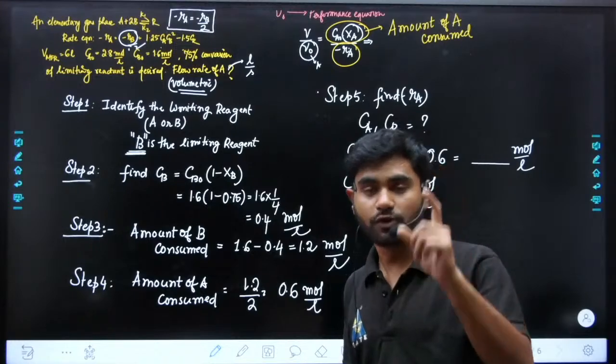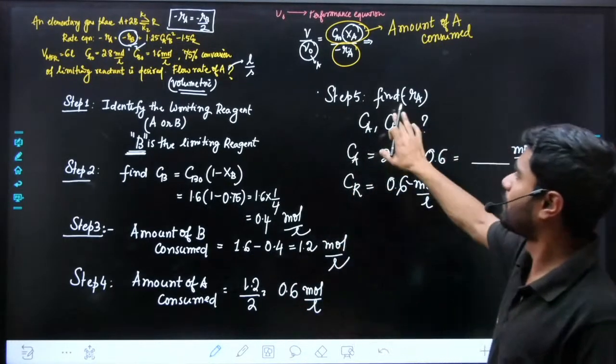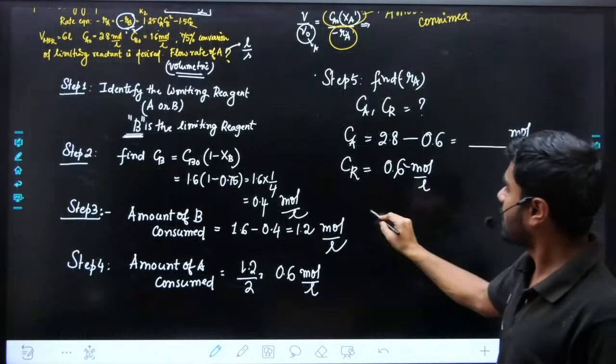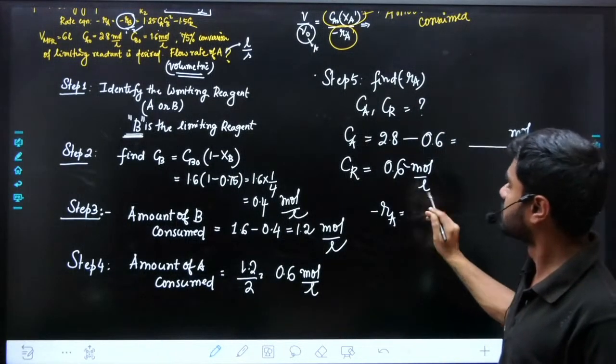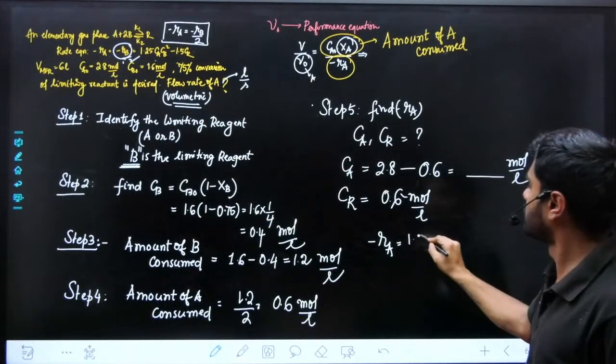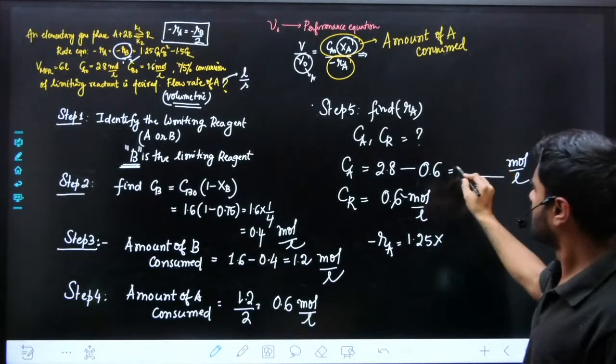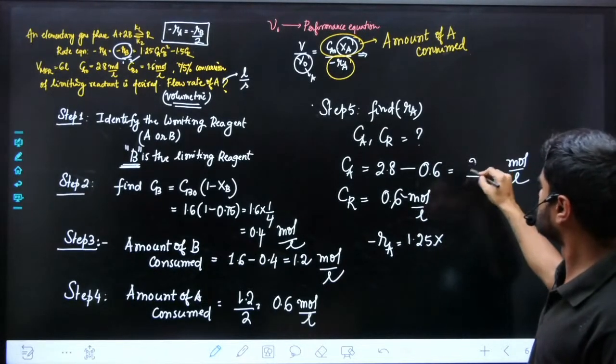Starting from B we are coming to A, and from A we are trying to find the minus of Ra. So minus of Ra can now be expressed in terms of the given value as 1.25 into Ca. What is the value of Ca? It is 8 minus 6, which is 2.2.